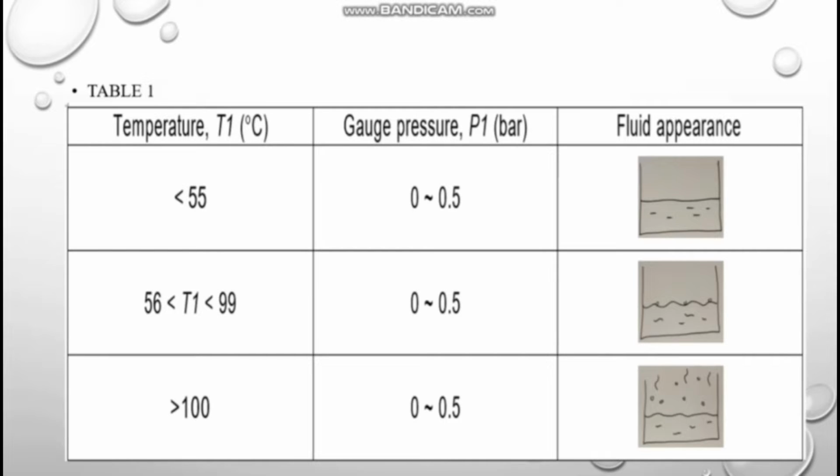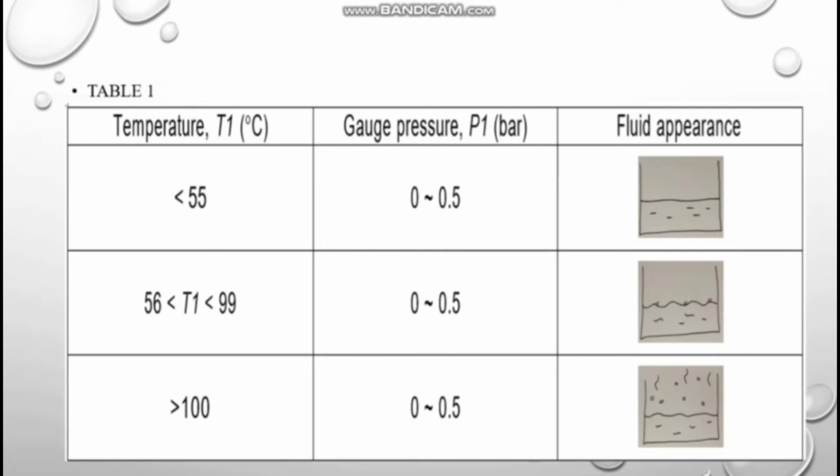For table 1, we recorded the temperature T1 in degrees Celsius, the gauge pressure P1 in bar, and the fluid appearance. When the temperature was below 55 degrees Celsius and the pressure was 0 to 0.5 bar, there were no changes in the fluid appearance.